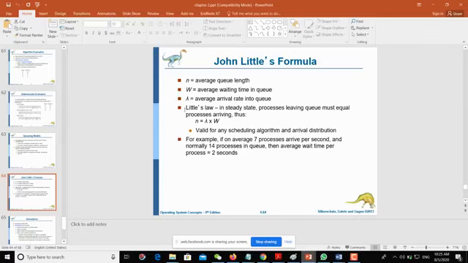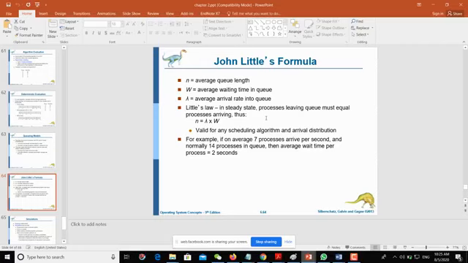So how is John Little explaining his formula? He says that in steady state, processes leaving the queue must equal processes arriving. The rate at which processes leave the queue is equal to the rate at which they are entering the queue. Yes, this is true. He's saying right. I hope you are understanding.